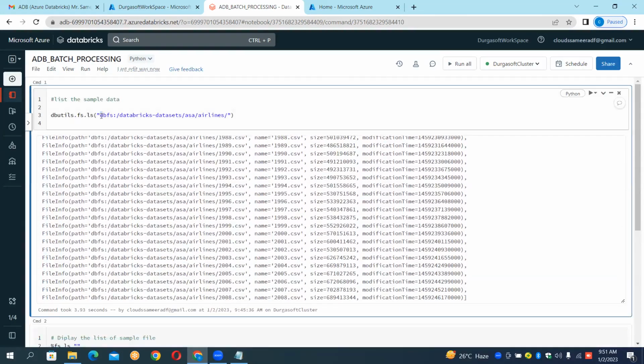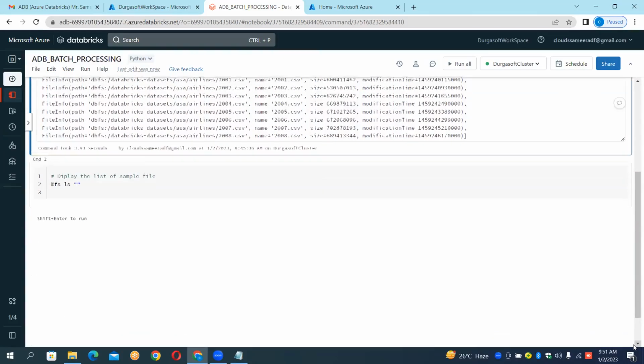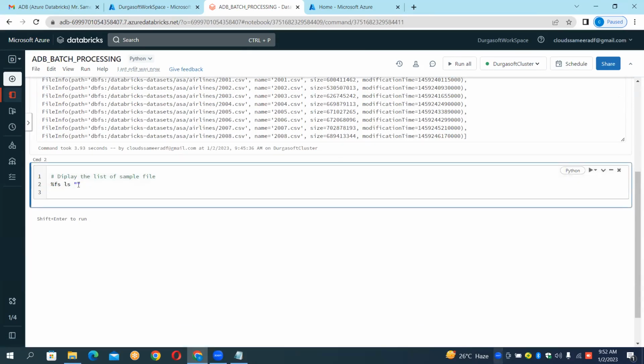Just use it here as it is. Can you see here?